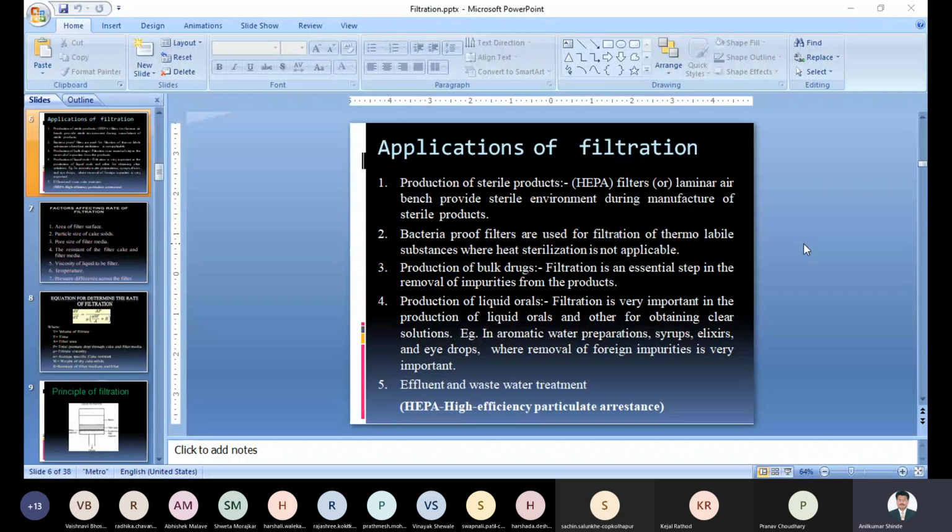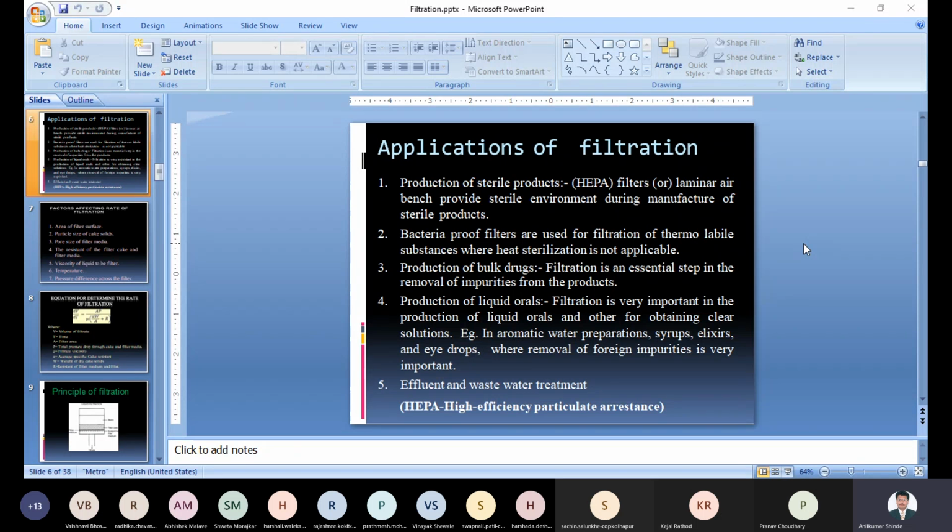So in the production of these products a HEPA filter is used, and air passes through the HEPA filter, so pure air flows into the sterile area, to avoid contamination during the preparation of sterile preparations. So the main thing is to use the HEPA filter.